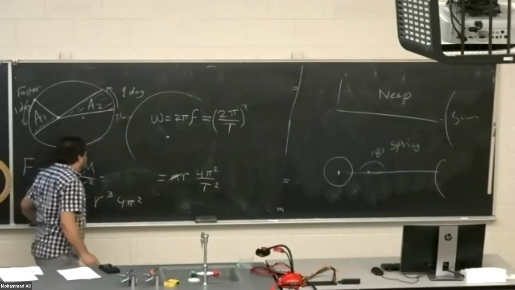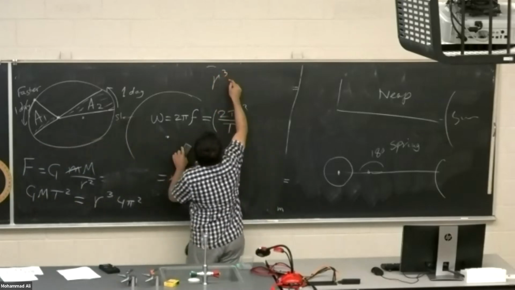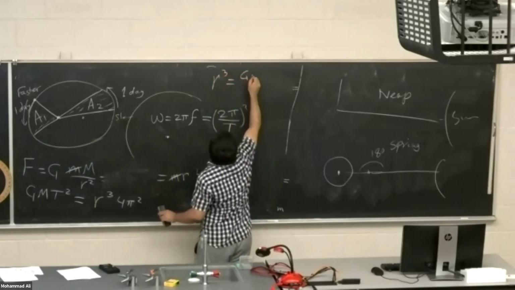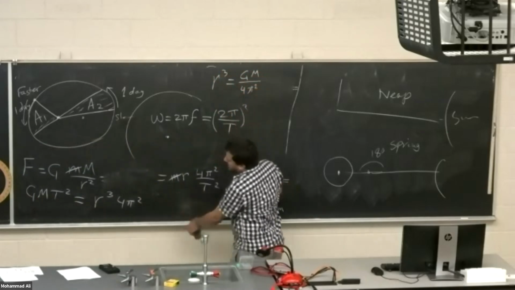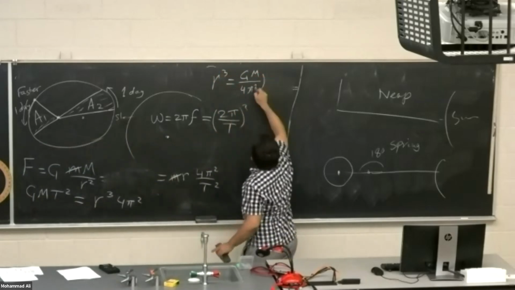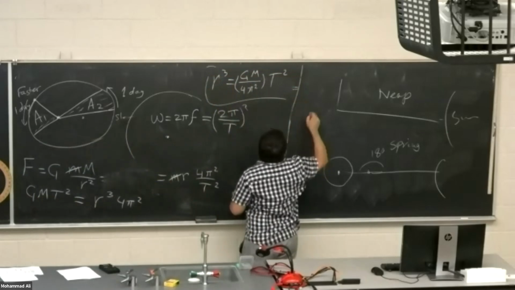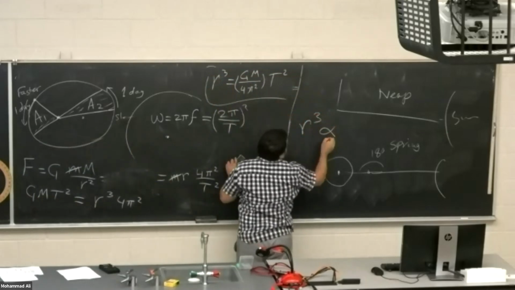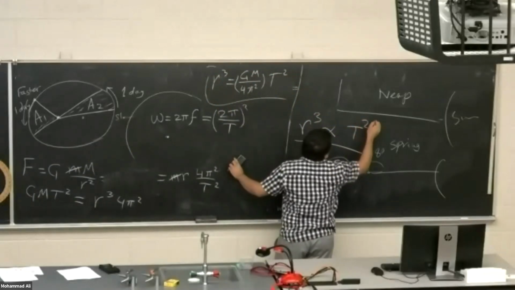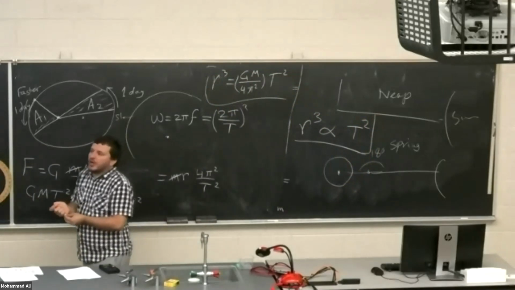So I have it like this. At the end, R cubed is equal to GM over 4 pi squared, multiplied by T squared. So I have R cubed is proportional to T squared. This is the third law of Kepler.